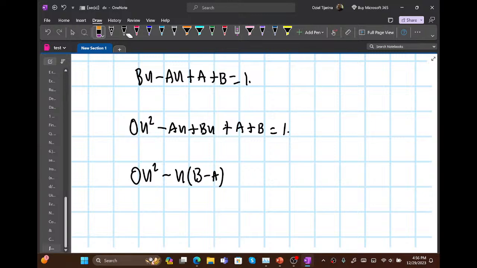This is really hard. I hate doing it by partial fractions. Like, I hate doing it by systems of equations is what I'm talking about.